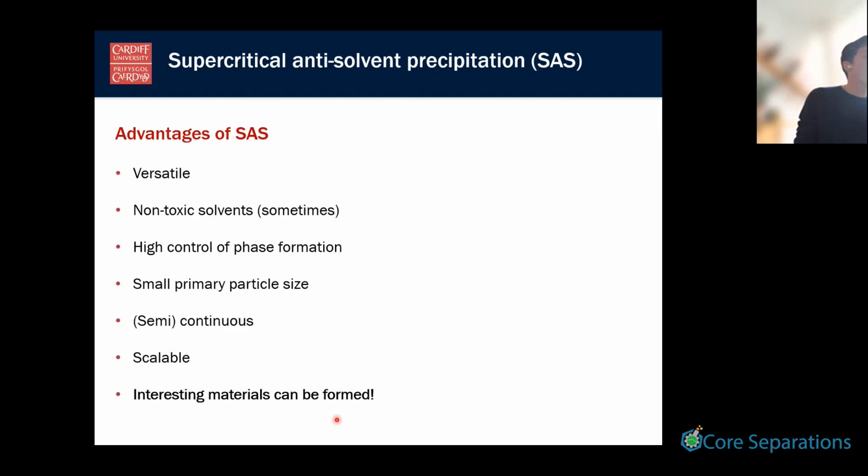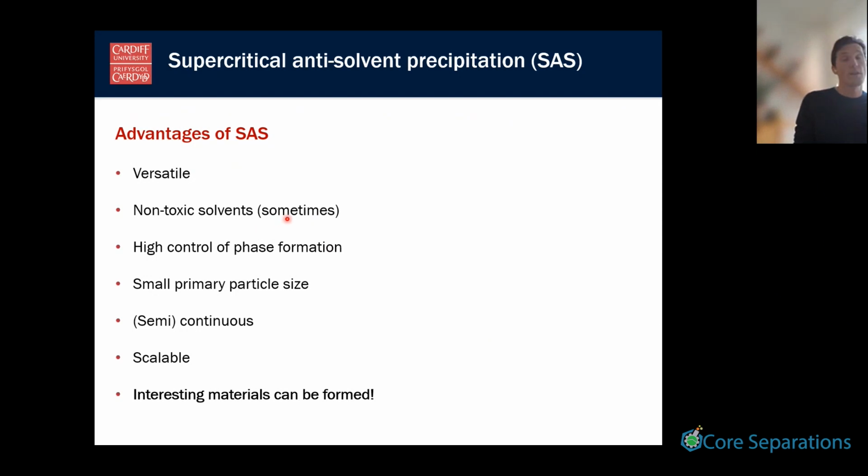So just to summarize the advantages of SAS in terms of catalyst preparation, it's very versatile. Of course, you can use it for as many compounds as you can obtain metal precursors for. We can sometimes avoid toxic solvents. Obviously, methanol is toxic, but ethanol is certainly less toxic.